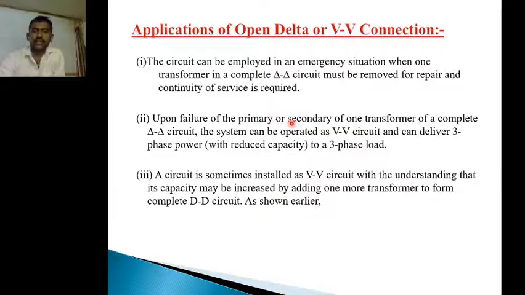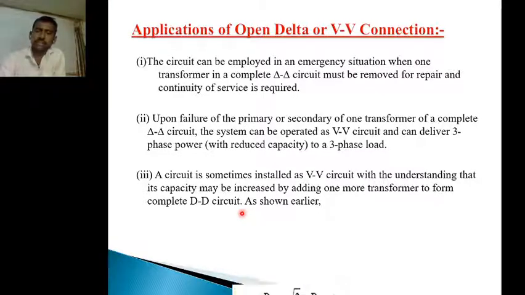Next, a circuit is sometimes installed as an open delta circuit with the understanding that its capacity may be increased by adding one or more transformers to form a complete delta-delta circuit. We know the ratio P open delta divided by P closed delta is 1 by root 3.